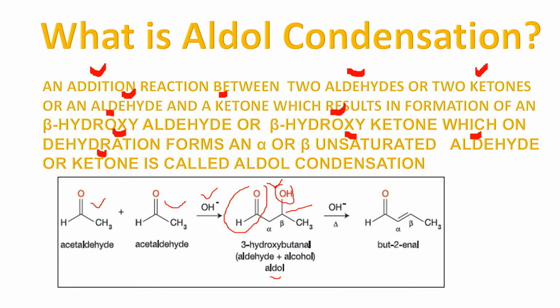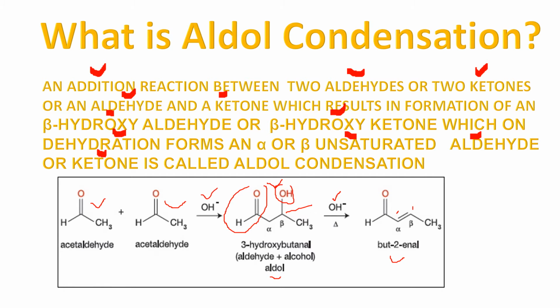So this beta hydroxyaldehyde is undergoing dehydration in the presence of base again to form a condensation product or unsaturated aldehyde. Now this is unsaturated because if you can see in the product, there's a double bond between alpha and beta carbon. So this is the condensation product.